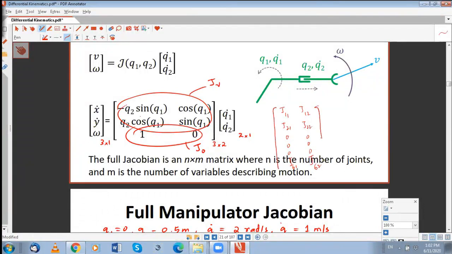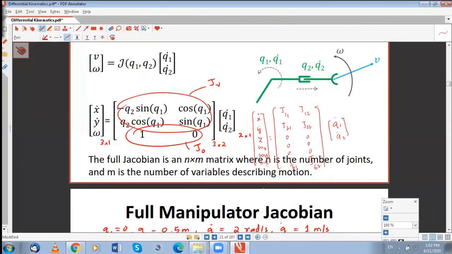The reason I'm doing that is I told you that this vector will always be 6 by 1. So it will be x dot, y dot, z dot, omega about x, omega about y, omega about z.